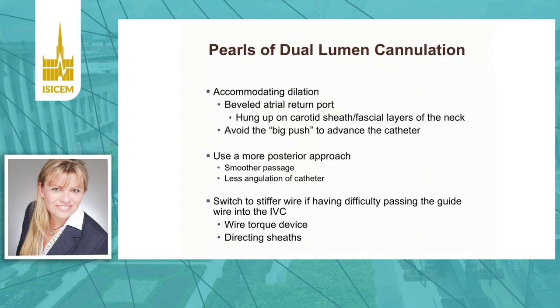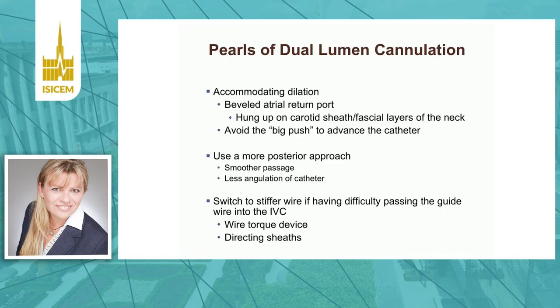Some tips for dual lumen cannulation as well. It's used for a more posterior approach. It's a smoother passage, and there is less angulation of the catheter. And the big push to advance the catheter should be avoided.